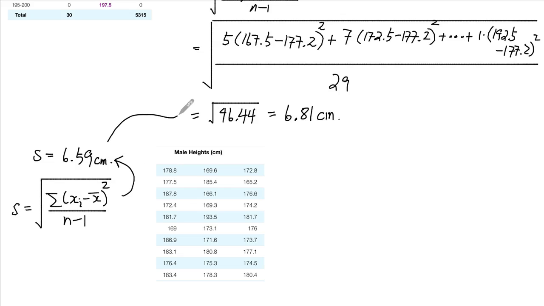This is not that far off from the estimate of the sample standard deviation when we computed it using the grouped data, or the histogram data, or the frequency data table.